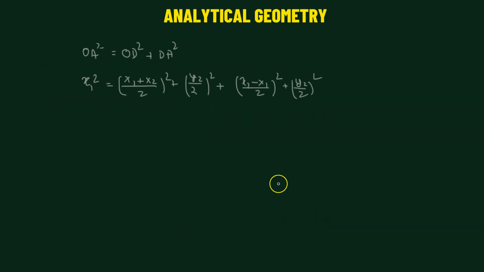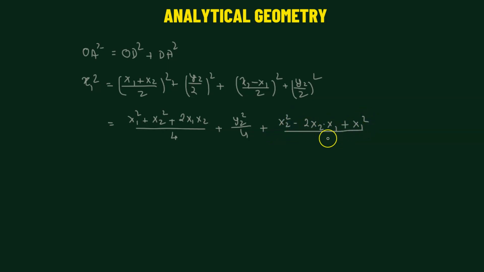Okay, so let's solve the right hand side. So we have (x1 squared plus x2 squared plus 2 times x1 times x2)/4 added to y2 squared/4, plus (x2 squared minus 2 times x2 times x1 plus x1 squared)/4 plus y2 squared over 4.